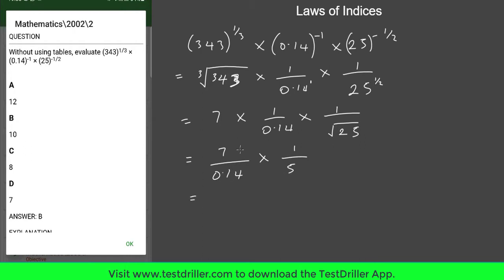So we can multiply both sides by 100 to make this 700 over 14, then times 1 over 5. 7 in 14 is 2. 2 in 700 is 100, then 2 in 100 is 50, then 5 in 50 is 10. So eventually the answer is 10. So the correct option is option B.